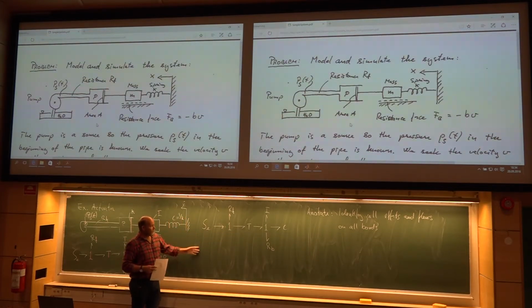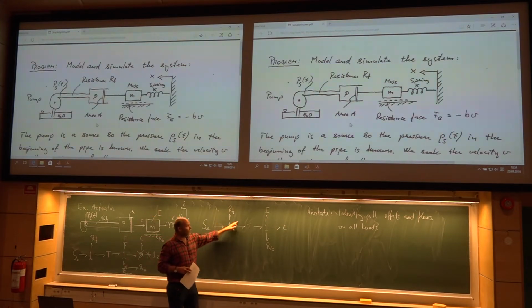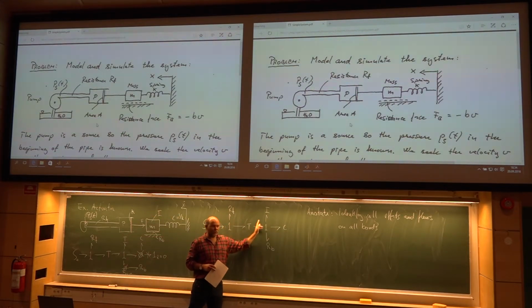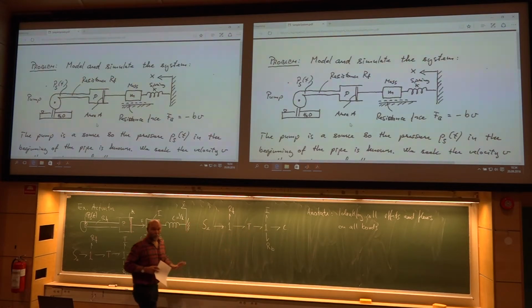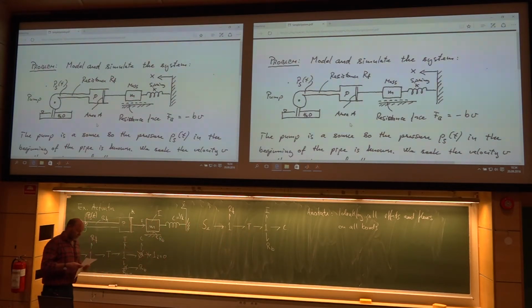Some people like that. I actually like to use the bond graph directly, which implies that you have to use a very big piece of paper. You need a big figure because you're going to have a lot of algebra on each of these bonds when the problem is complex. This one is not so bad, so let's see how it looks.